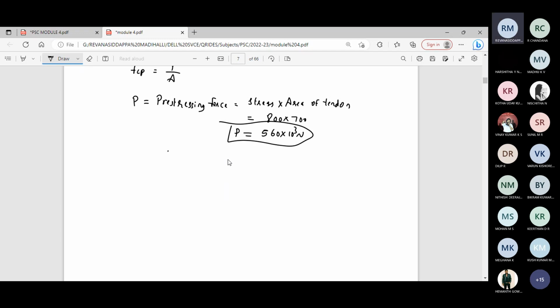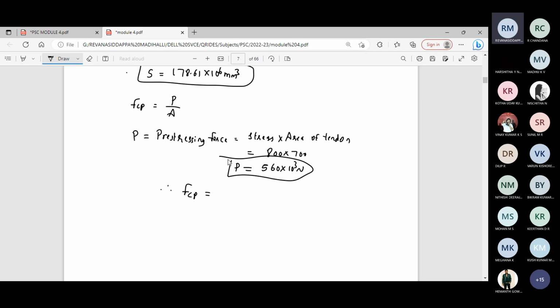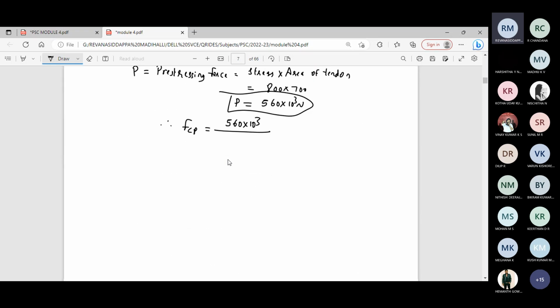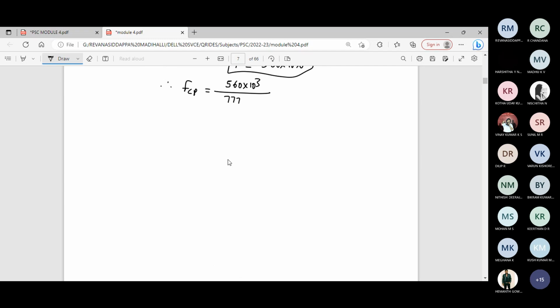Therefore, FCP is equal to P, substituting 560 into 10 power 3, whole divided by the cross-sectional area. How much is the cross-sectional area? 777 into 10 power 3 mm square.